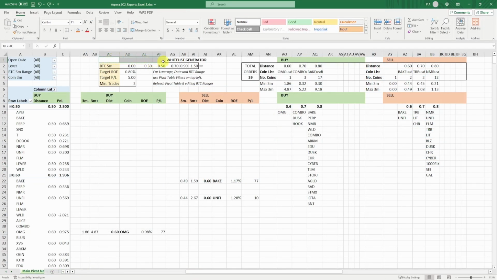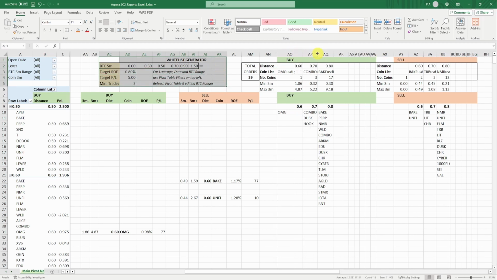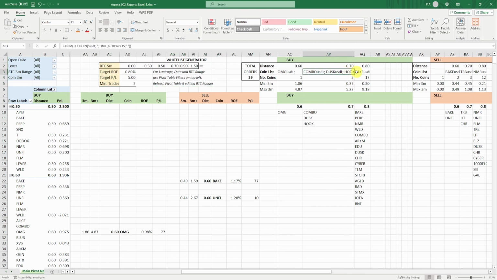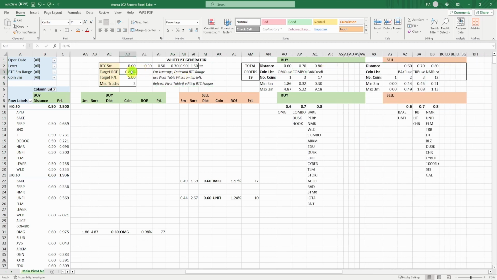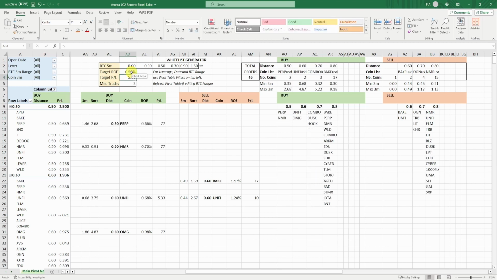It also became obvious that the generator must be watched and its output must be interpreted before pasting any coin lists into any algorithms. Let me give you a quick example. Here I have a selection of different distances on the buy side. Now check this out. We see perp right here, and it's very much overrepresented.